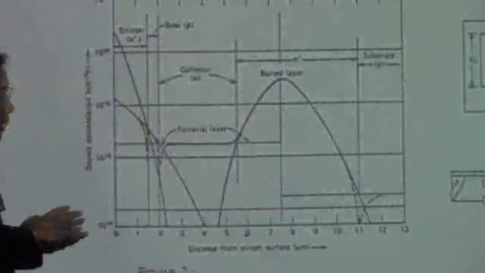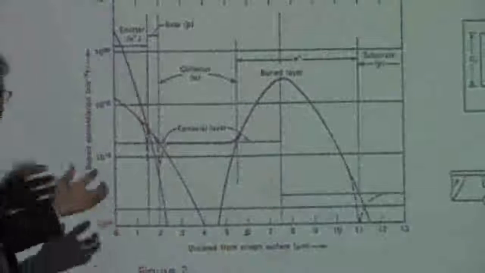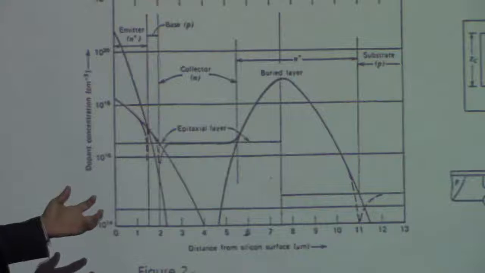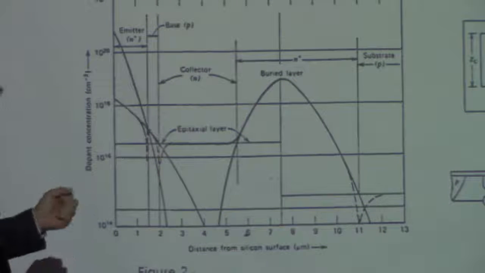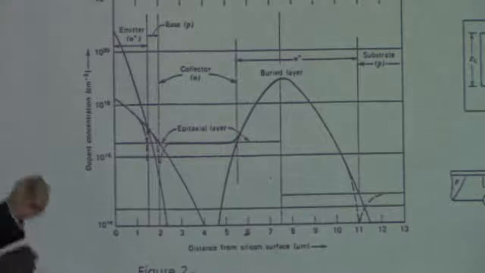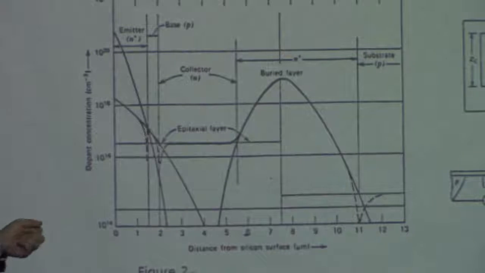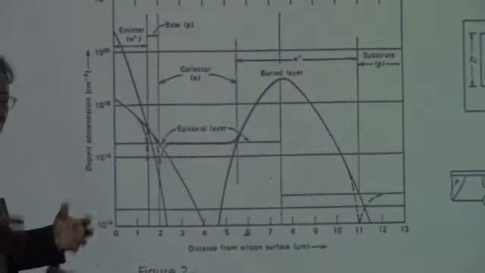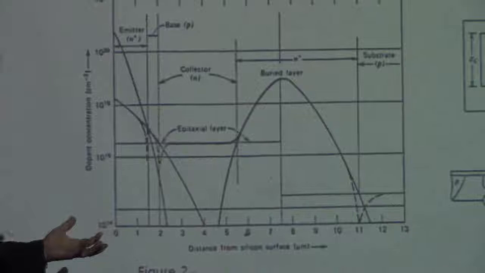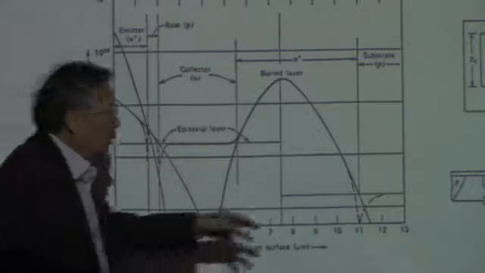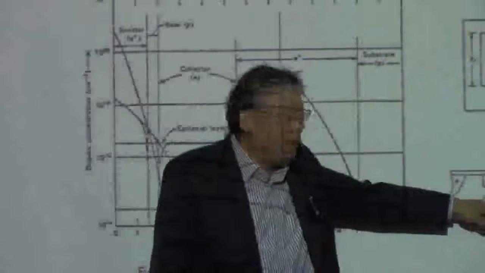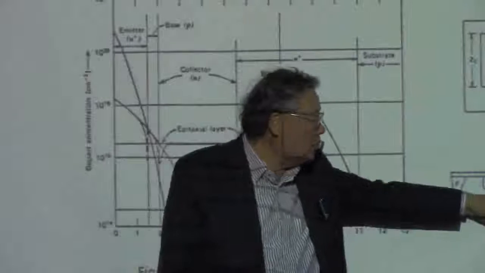Well, antimony and arsenic have almost the same diffusion coefficient, but arsenic has a high vapor pressure, so that it vaporizes at low temperature. That's a problem.